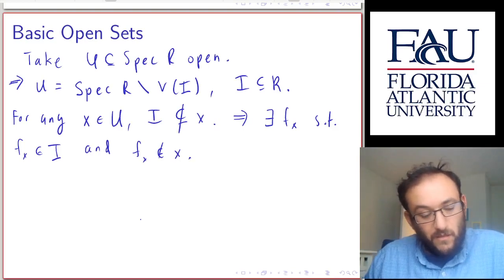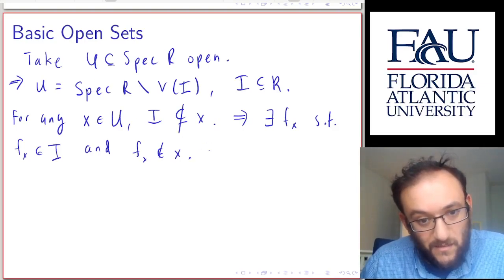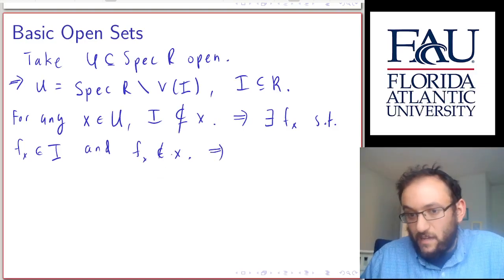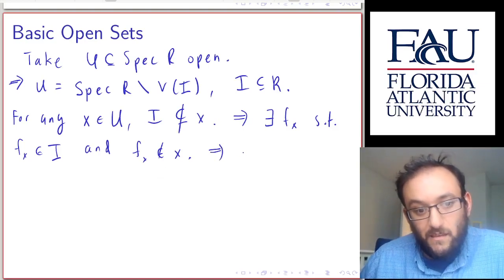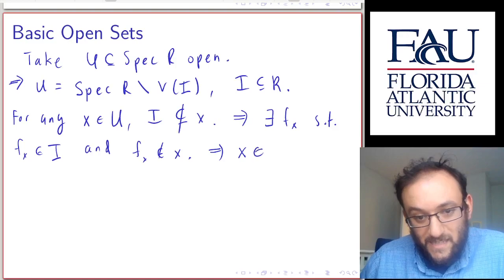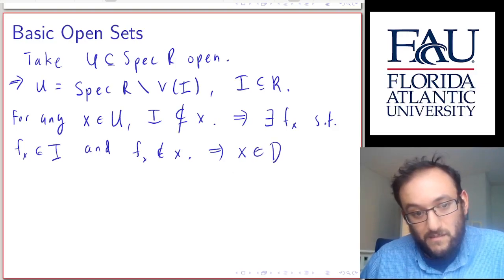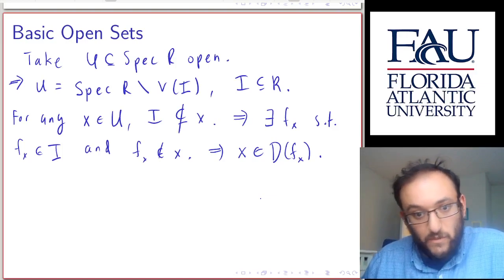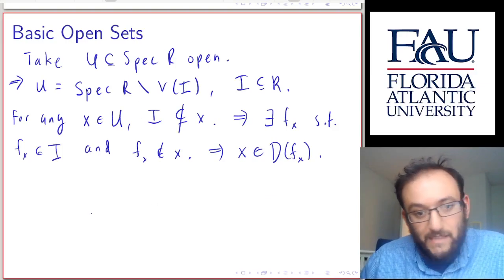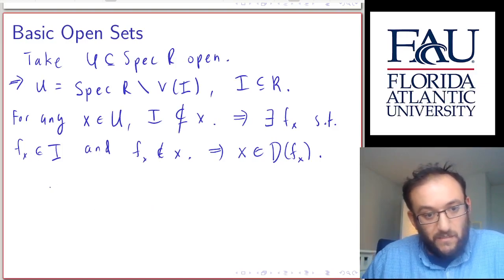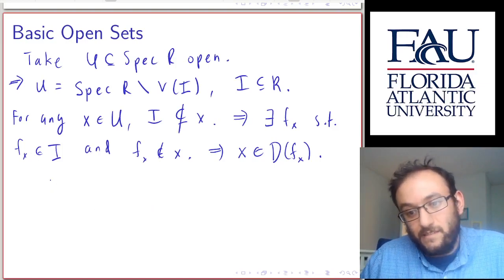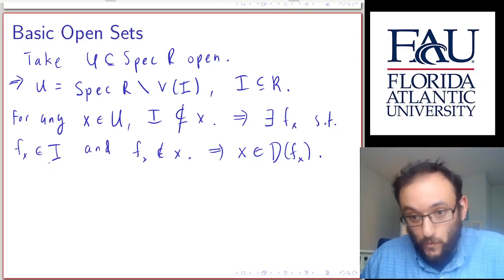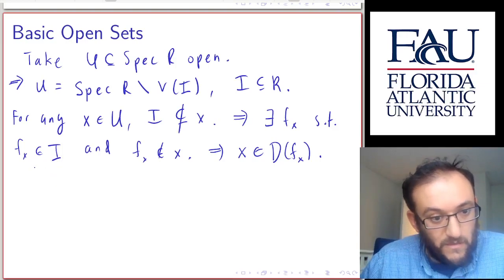Well, the fact that f_x is not in x tells us that x is contained in D(f_x), right? Because D(f_x) is just the set of primes not containing f_x, and x is one of those. So x is in D(f_x), and the other thing we want to show is that D(f_x) is contained in U.